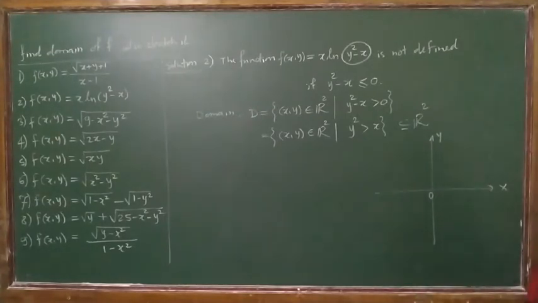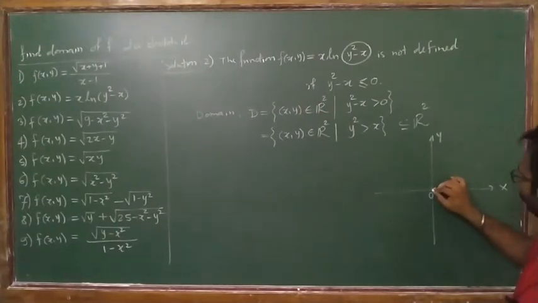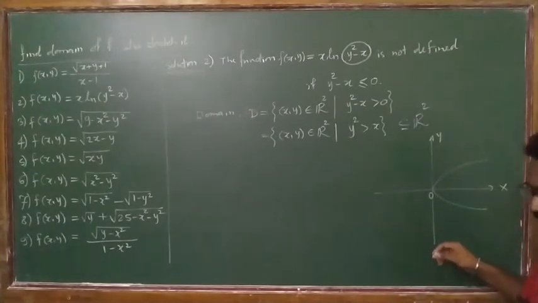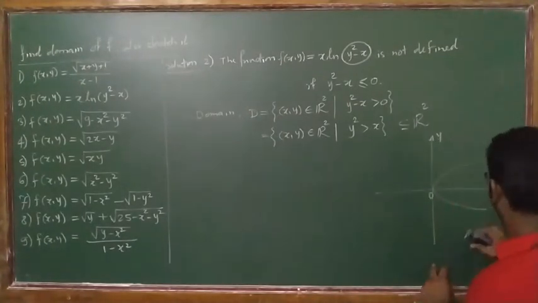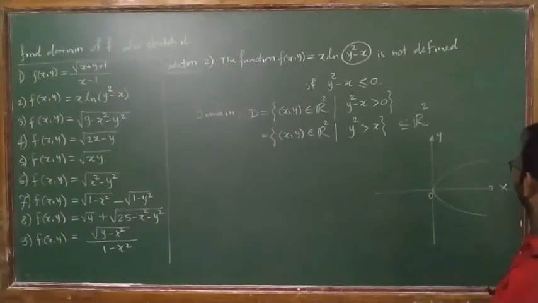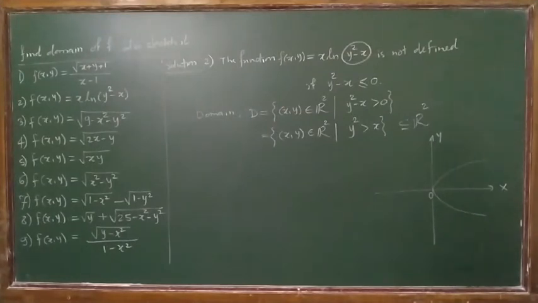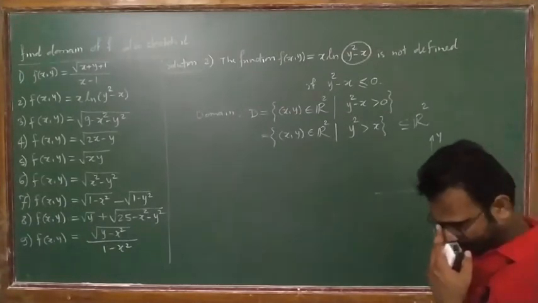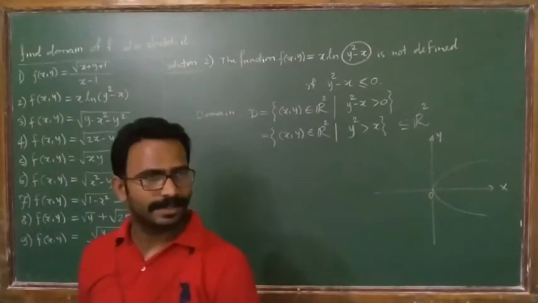So it is the graph of x equal to y square, the parabola x equal to y square. What we should have is y square greater than x.